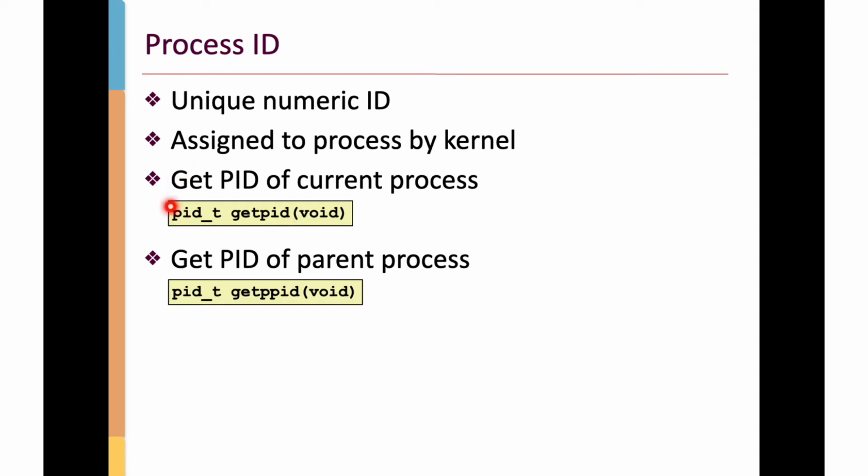That gives you the process ID of your current process. Because you were created by some parent process, you also have access to the process ID of your parent, which you can access using this library function getppid, or parent process ID. These process IDs, again, are going to be really important when we think about how those system calls work.